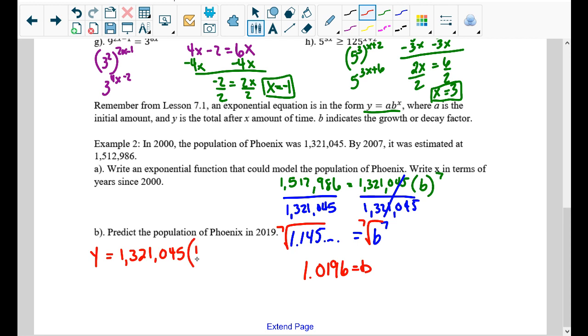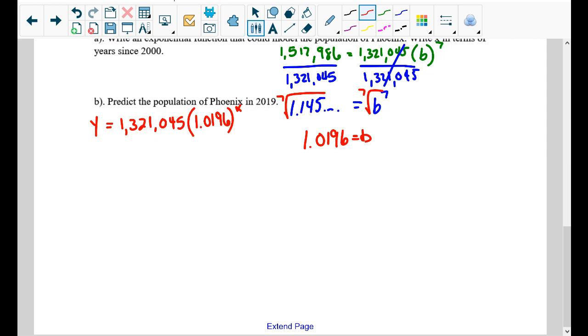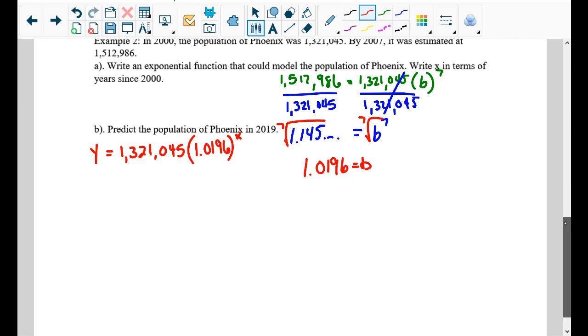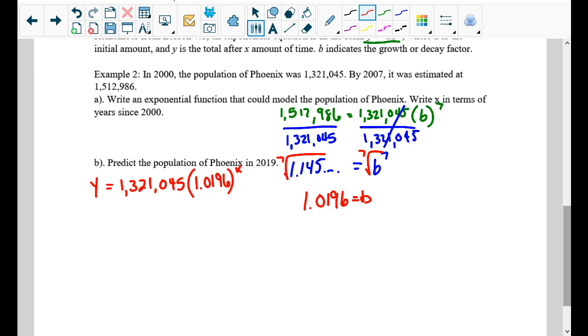B value is now this 1.0196. Now we did round that off, okay? And then exponent is x now. So now we want to know, what about in 2019? From 2000 to 2019, that's going to give us 19. So now we're going to plug this 19 into our exponent for our time.